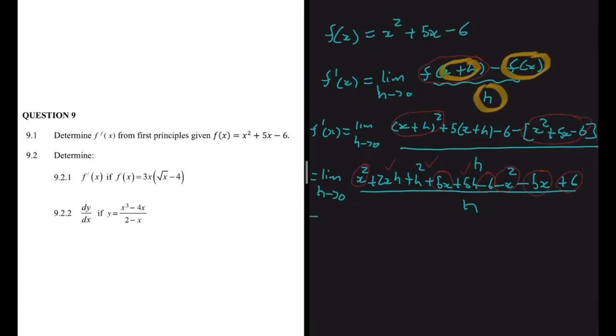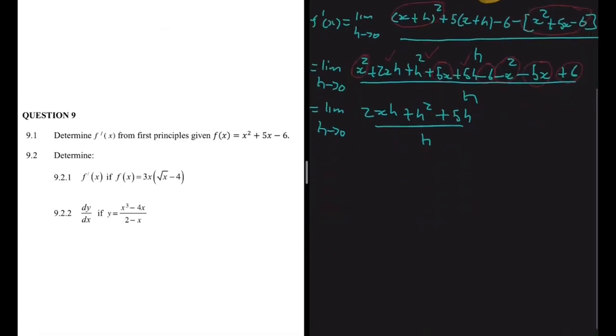And then let's write that down. So the limit as h turns into 0 will be 2xh plus h squared plus 5h divided by h. Now we can take h as a common factor in the numerator. If we do that, we get the limit as h turns into 0 being equal to h, and then we'll be left with 2x plus h plus 5, and then we divide everything by h.